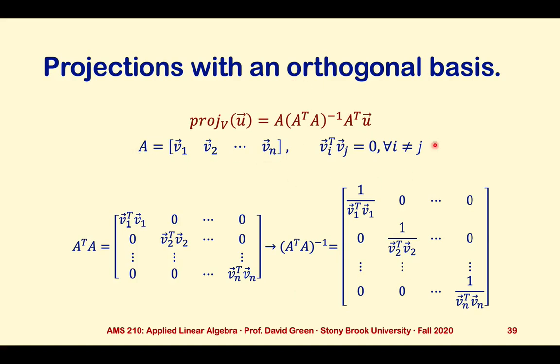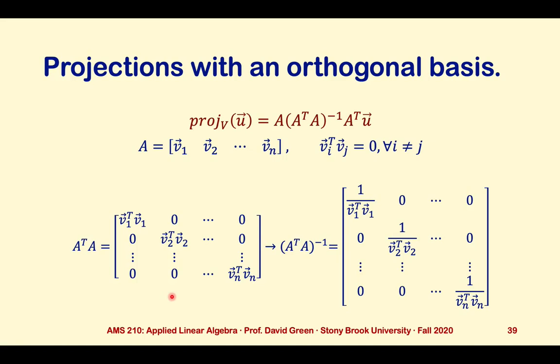So to summarize, we have the columns of A. If they are an orthogonal basis, we have this constraint that the dot products are 0 for all of the non-equal i, j, giving us this diagonal A transpose A.